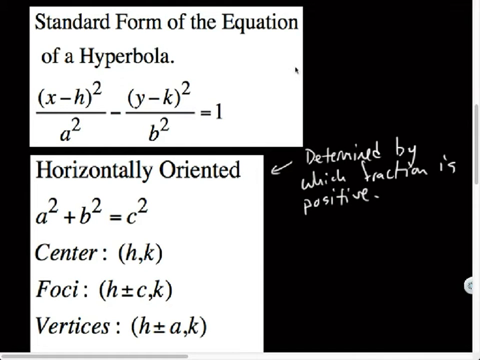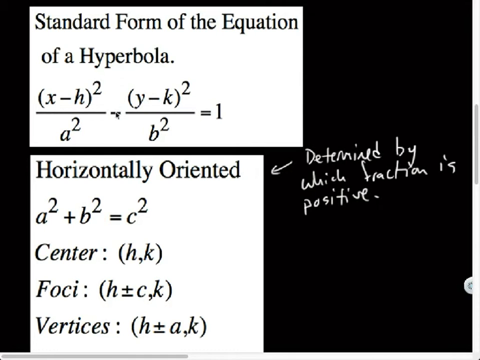Unlike with the ellipse, where we determined the orientation based off of which denominator was larger, in the case of a hyperbola that doesn't necessarily work. We might have a larger denominator in the negative fraction, and you'll see with my graph coming up in a moment that can be the case. But it's whichever fraction is positive.